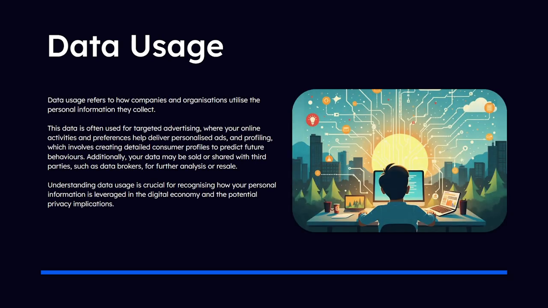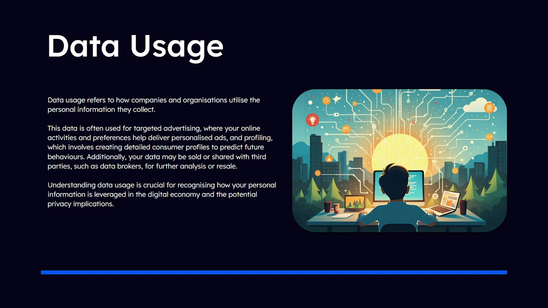So let's look at data usage. This refers to how companies and organizations utilize the personal information they collect. This data is often used for targeted advertising, where your online activities and preferences help deliver personalized ads, and profiling, which involves creating detailed consumer profiles to predict future behaviors.